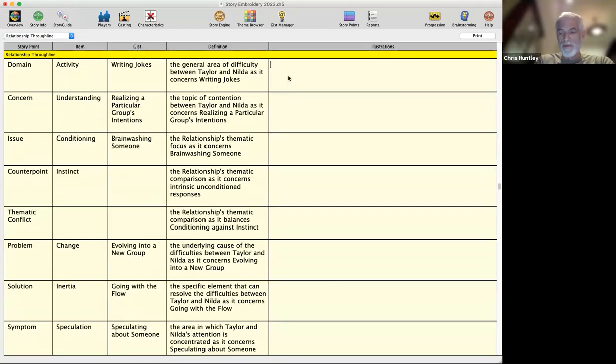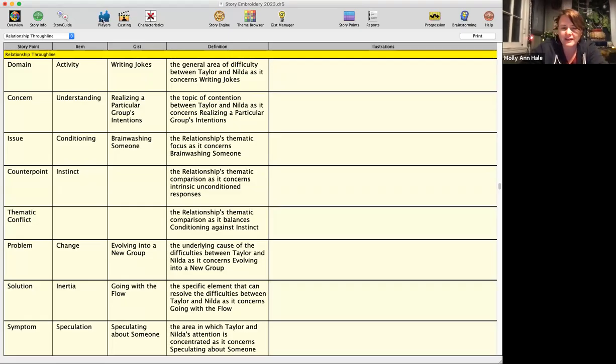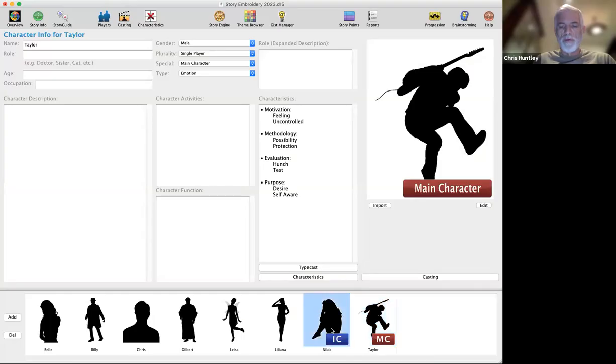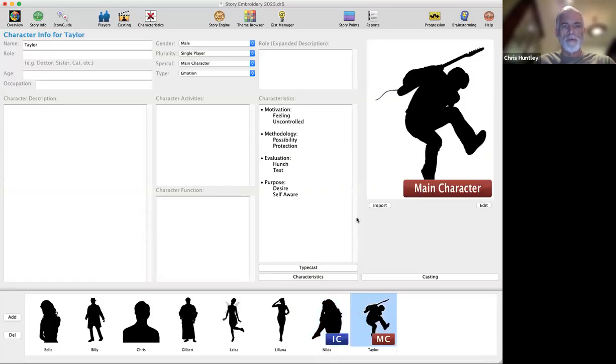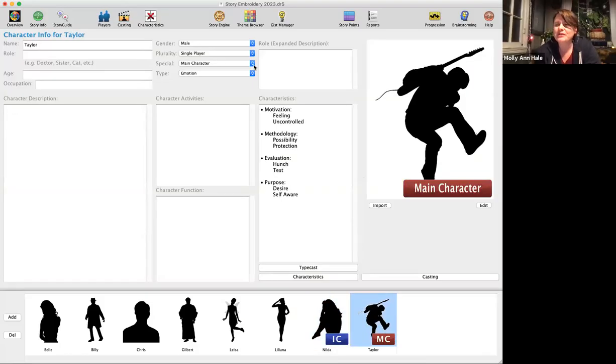Now this is the relationship through line. So this is going to be the relationship between our main character and influence character. But it could be any kind of relationship. There could be partners. She's a fiction writer. He's like, I don't know. I'm not sure about that. So our main and influence, the influence character is a Cuban immigrant. I'm starting to think about this.